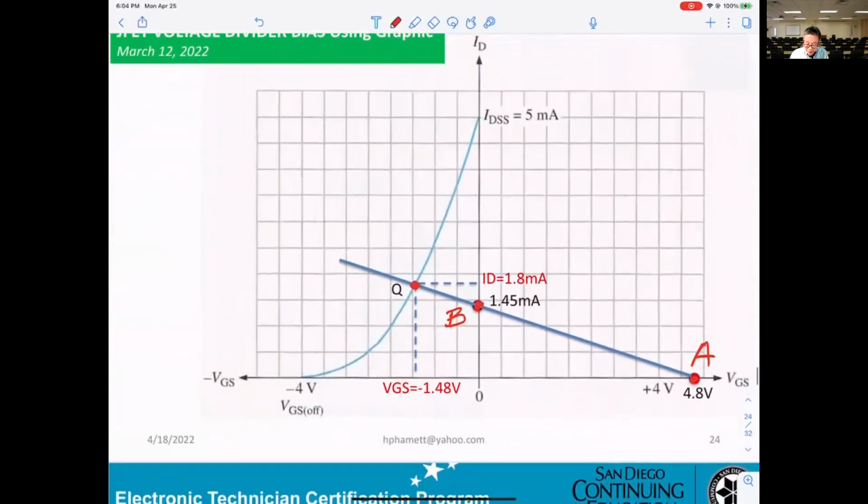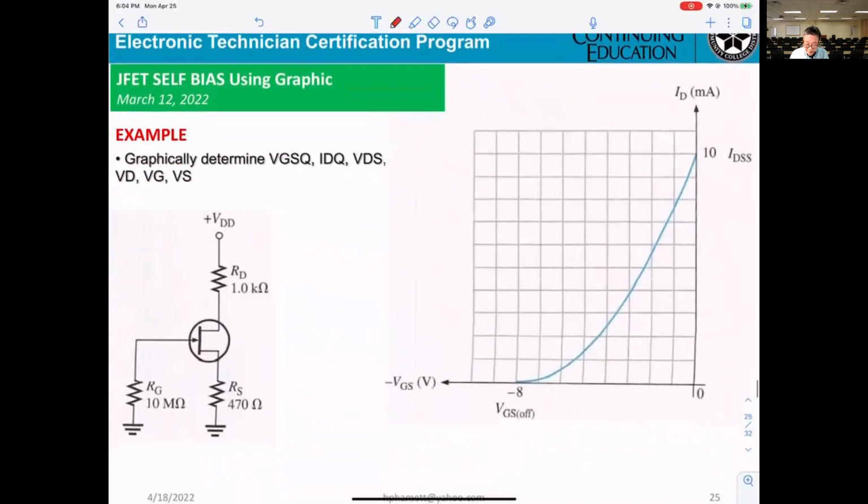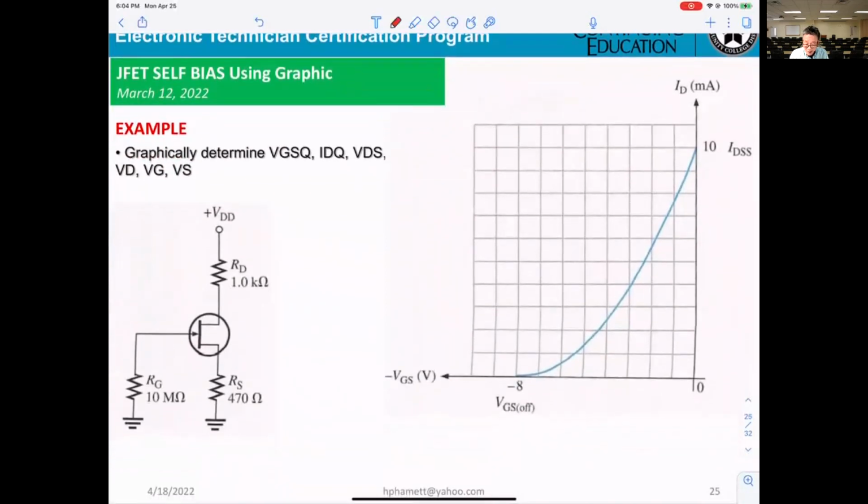Okay, so any question about self bias, fixed bias, and voltage divider bias? Okay, if you get the time, then you can try to see how we can do it for this example.